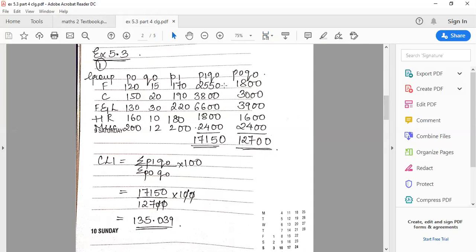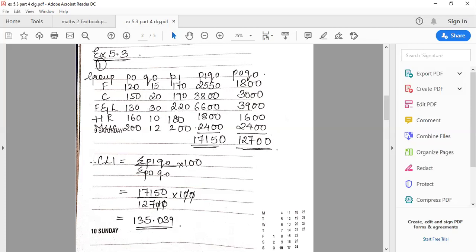In both of these columns, you will multiply. First P1Q0: 170 into 15, 190 into 20, 220 into 30, 180 into 10, 200 into 12. So you'll get this column, and you'll do the total of it. Similarly, P0Q0, you will multiply and get the values like this.